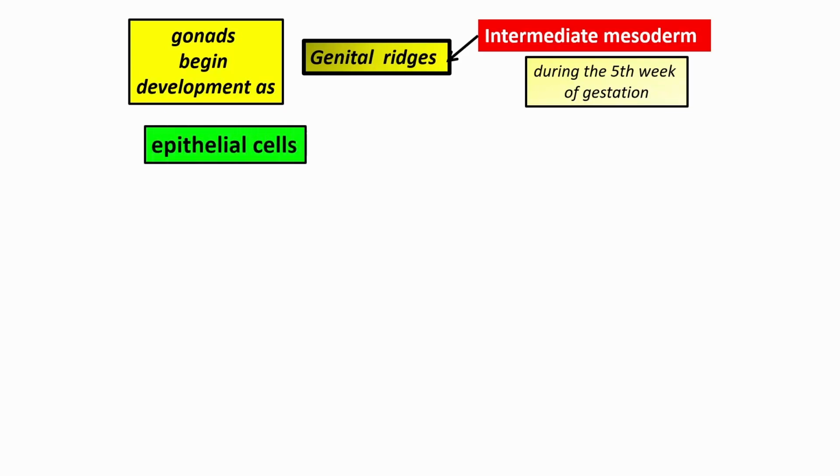Now, there are epithelial cells of what? Lining the yolk sac. What is the yolk sac? The yolk sac is the cavity underneath the embryo, the future human being, and it is filled with nourishing fluid.